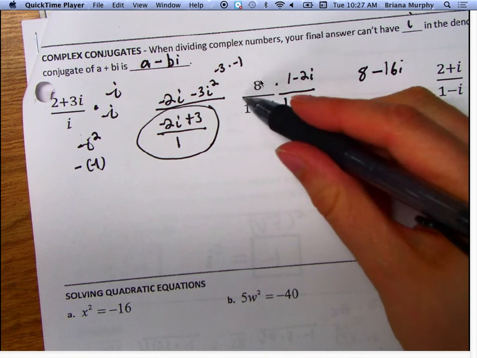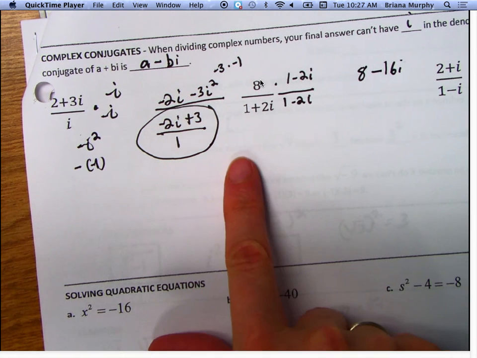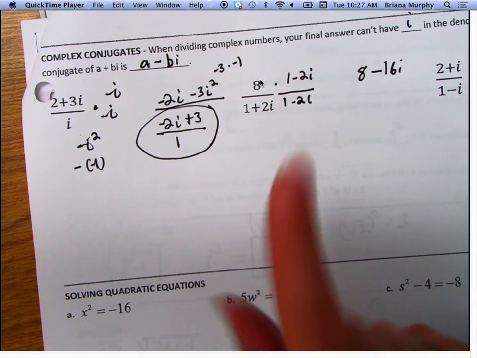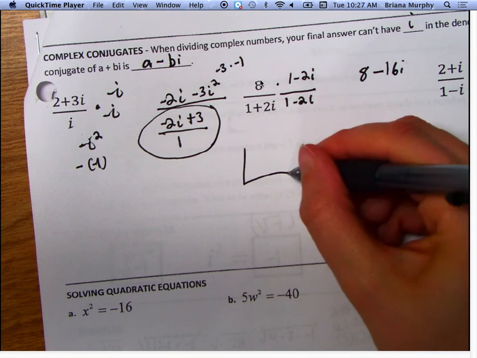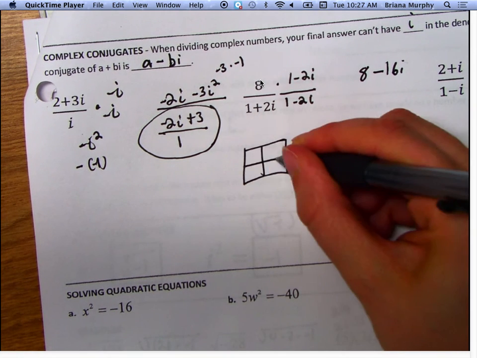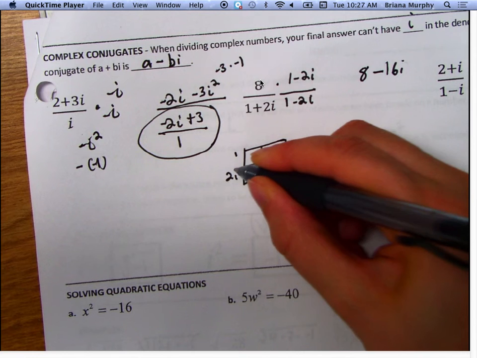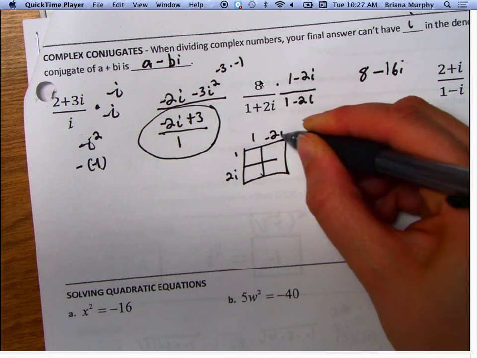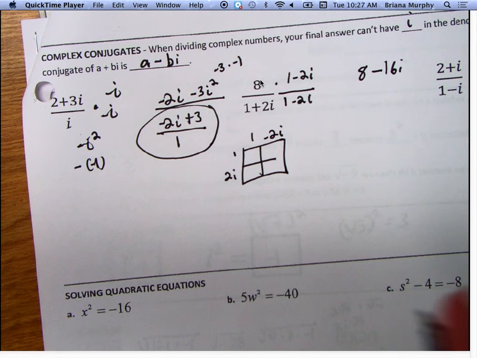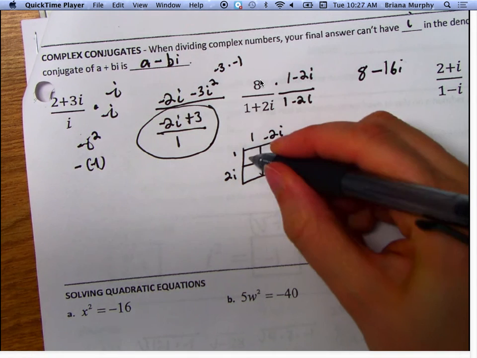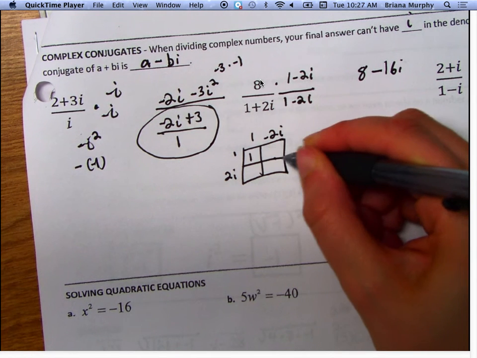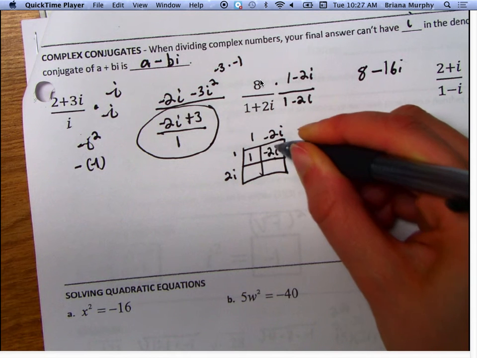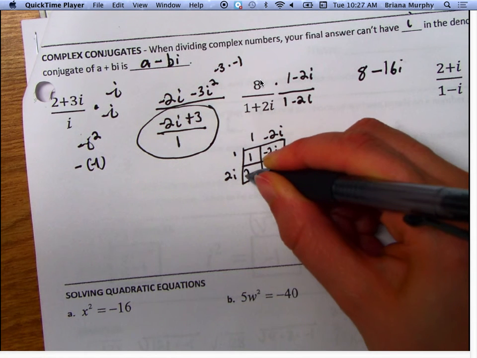I'm going to make a box for the bottom because it's a 2-term times a 2-term. You could FOIL instead. I've got 1 and 2i, and I've got 1 and negative 2i. So I have to be real careful. 1 times 1 is 1, 1 times negative 2i is negative 2i, 1 times 2i is 2i, right?